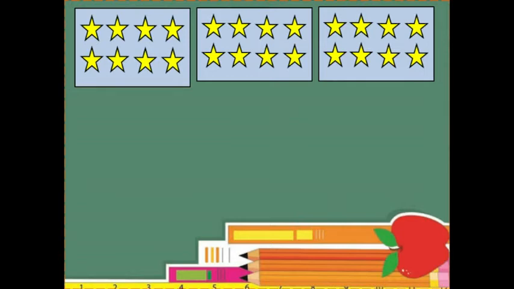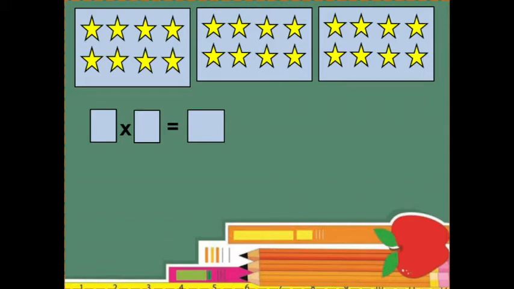We have two ways on how we can write the multiplication sentence. First, you have to look at the stars or the objects in each box.